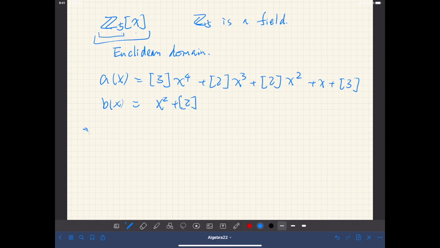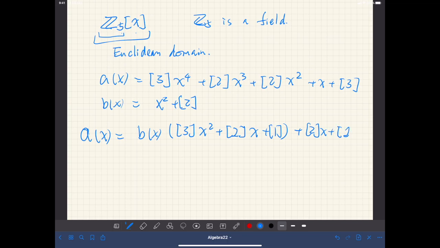Then you should verify a of x is equal to b of x times 3x squared, 2x plus 1, plus 2x plus 1. So this part will be q of x, the quotient, and this part will be r of x, the remainder.